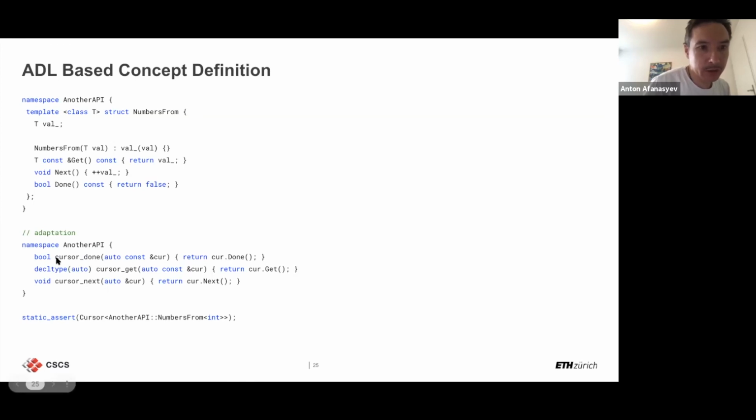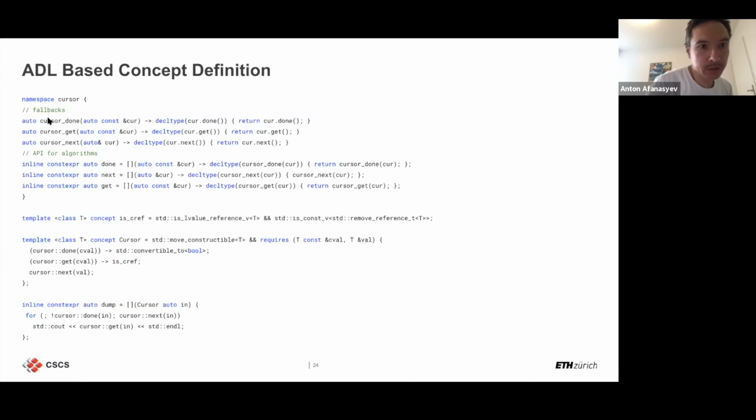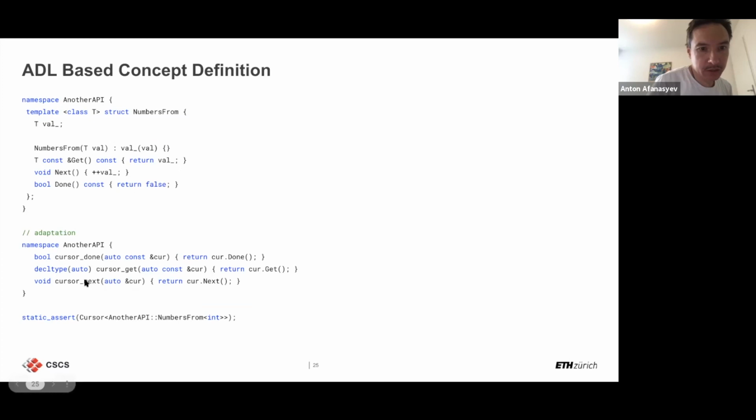We just define, for our problem, in our problematic namespace, three templates with the same names that we use here: cursor done, cursor get, and cursor next, with the proper implementation. And now suddenly our cursor becomes a cursor. This other cursor becomes a cursor in our sense. How does it work?